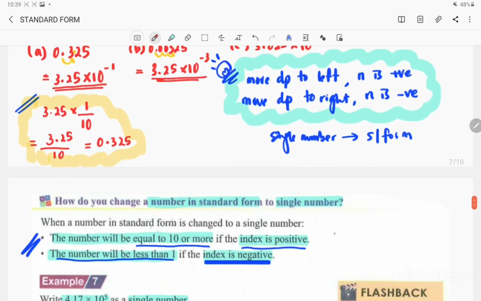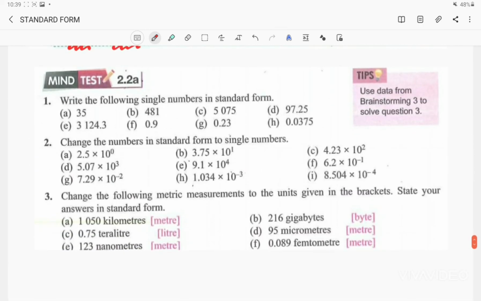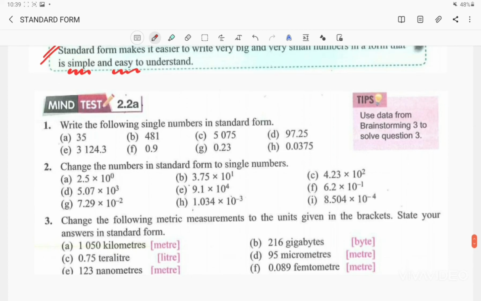To further understand this one, you have to do Mind Test 2.2a. Which question you have to do, I will select for you. Number 1, you do B, C, E, G, H. So this one is 5 questions. Question number 2, awak buat A, C, E, H, I. Ini pun 5 questions.